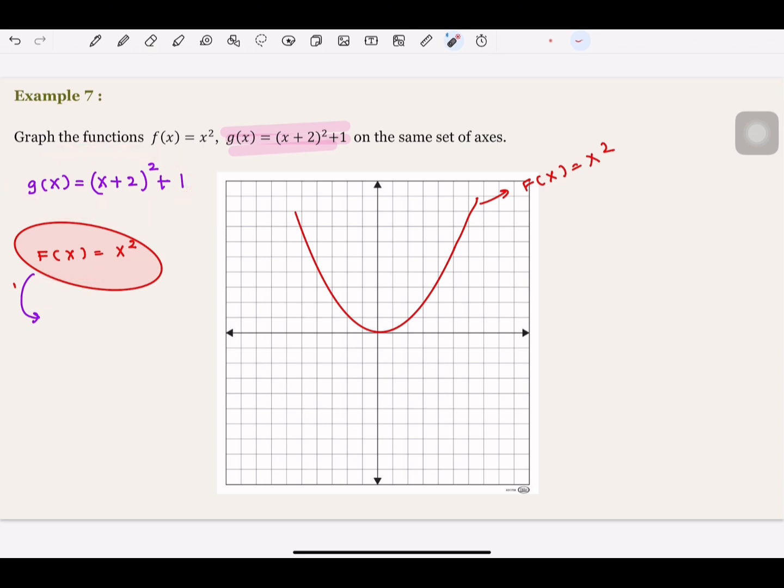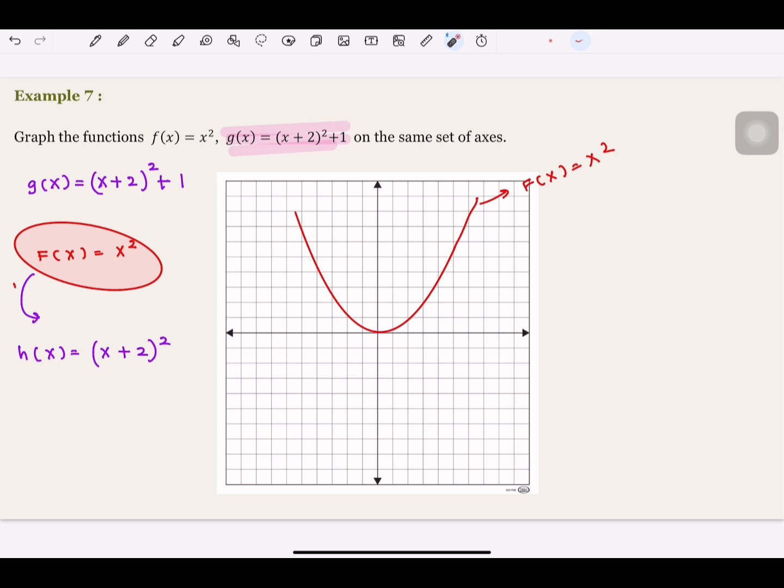To do that, first of all, I'm going to construct this term over here, which means I'm going to name that function h of x, and I'm going to take the first part of my function. So here you can sketch this h of x using f of x.